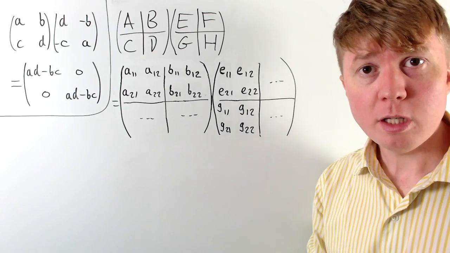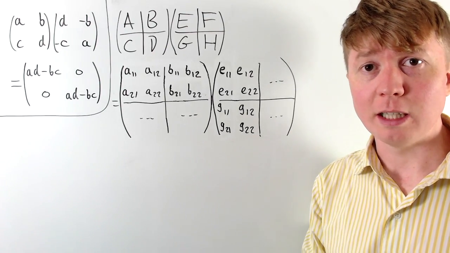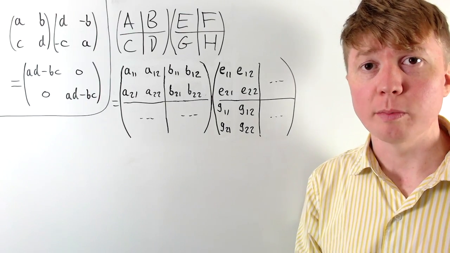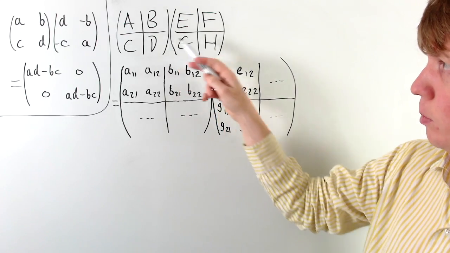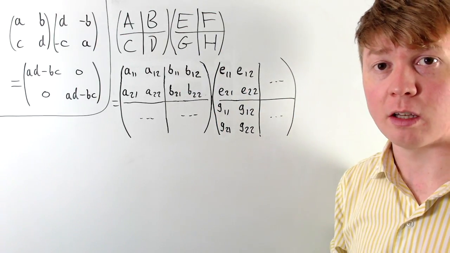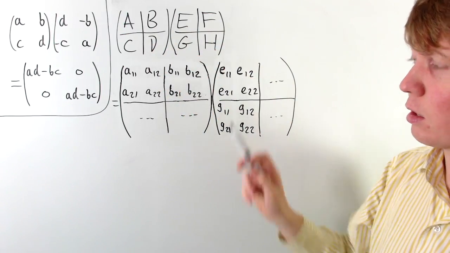Now before we proceed with our block matrices, I think it's worth spending a little bit of time exploring exactly how multiplication works with block matrices. So we'll work through a quick example where you've got two 4 by 4 matrices multiplied together, and they're both split up into four 2 by 2 matrices, like so.